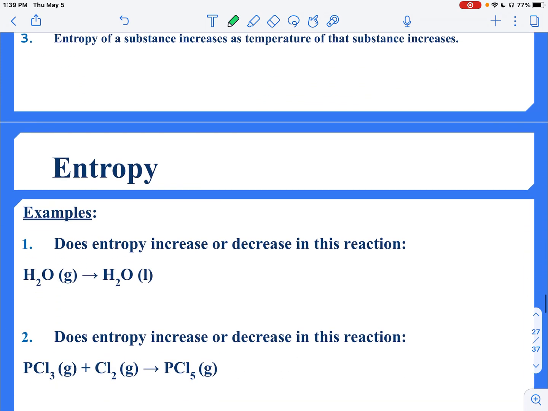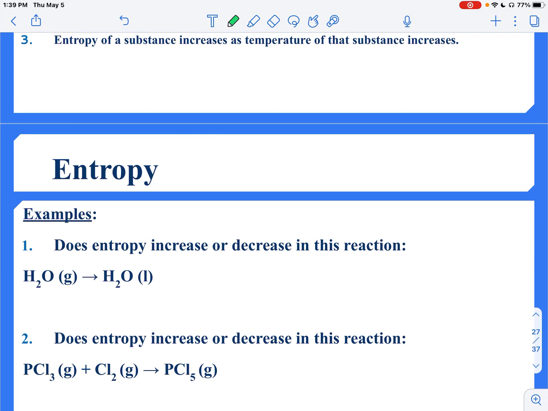So let's look at a couple of examples here. For this number 1, does entropy increase or decrease in the reaction? Now you can answer this one of two ways, and you're going to get the same answer. You can see that it goes from gas to liquid. So you know that means the particles are closer together. So delta S would be negative, meaning entropy decreased.